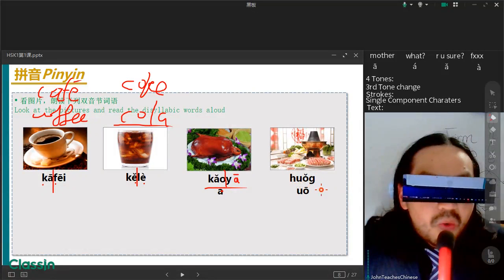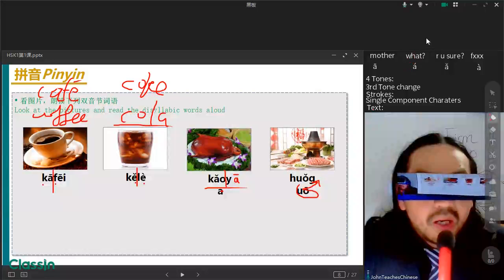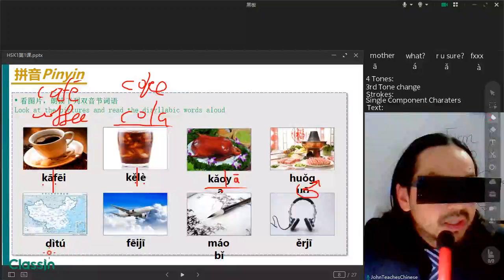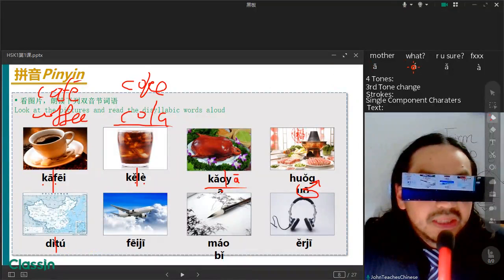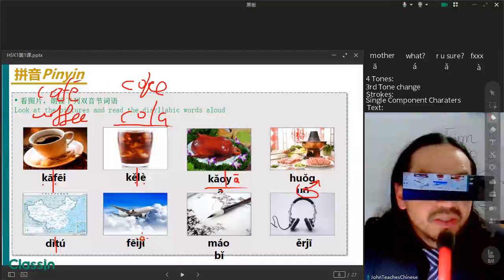Huoguo, hot pot. Map, ditu, last one, tu, what? Tu, ditu, map.